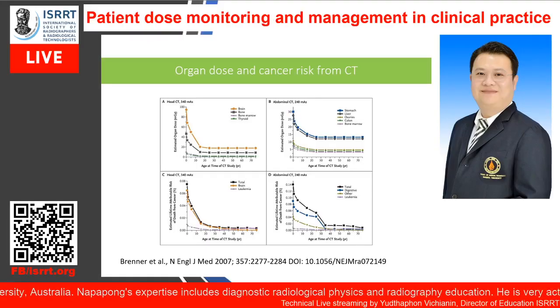If you look at head CT and abdominal CT and plot against the age at time of the CT study, you can see that at children age, you see much more risk of cancer than the adult group.